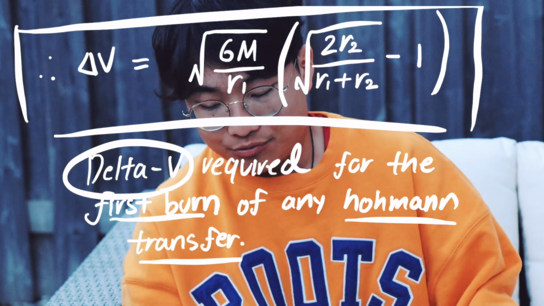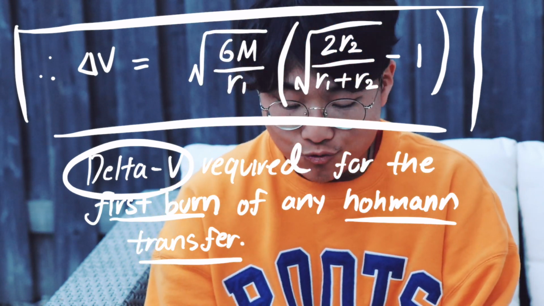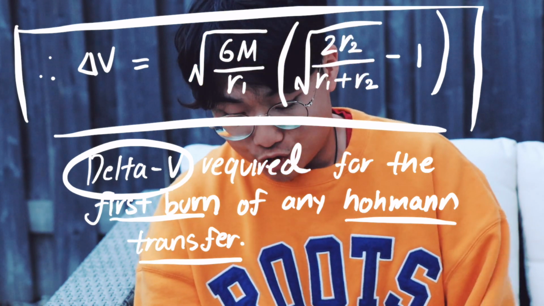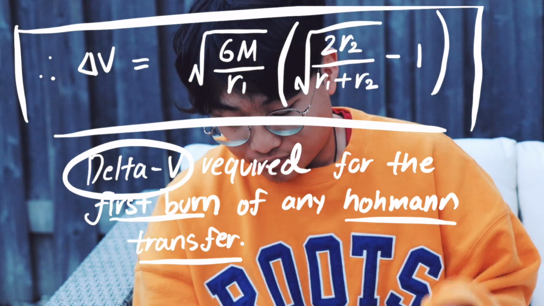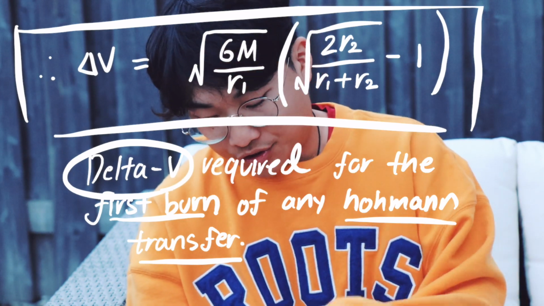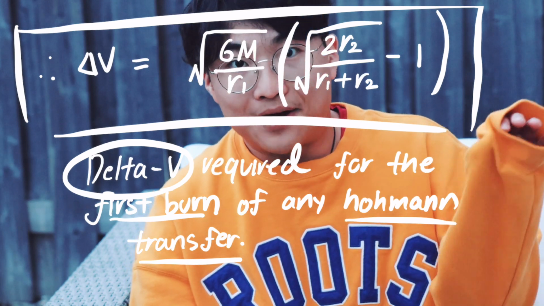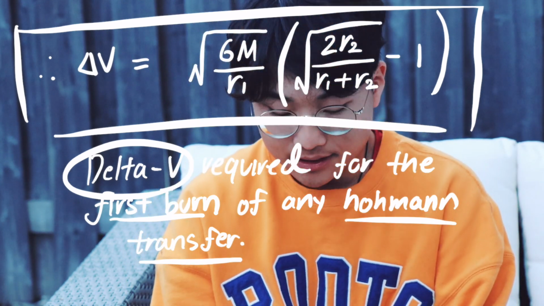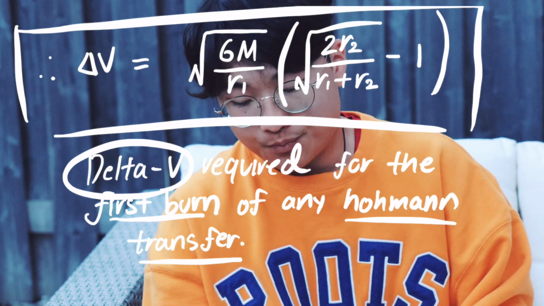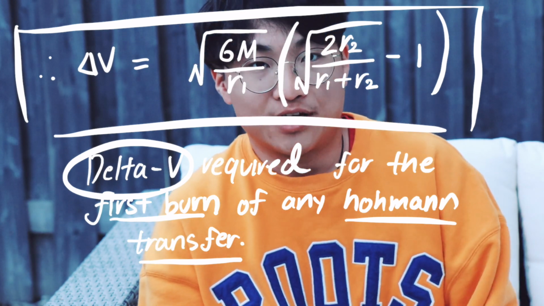So we're basically subtracting those, and we get delta V equals the square root of GM over r1 bracket square root of 2r2 over r1 plus r2, and the entire thing minus 1. And this is an equation to calculate the delta V required for the first burn of any Hohmann transfer.